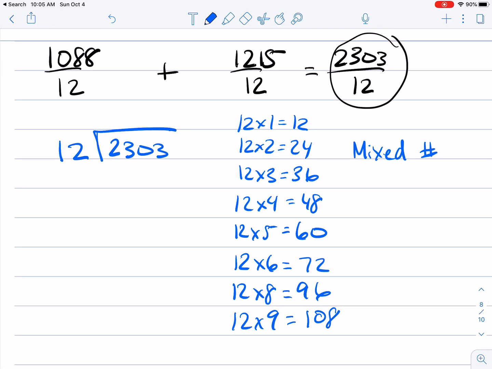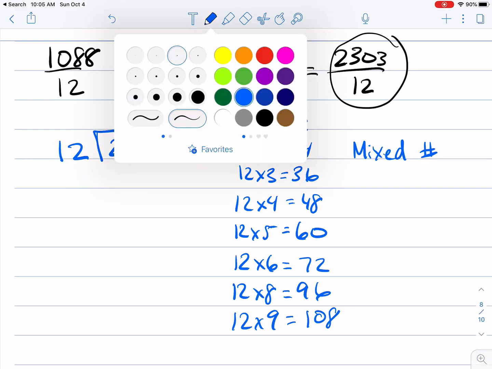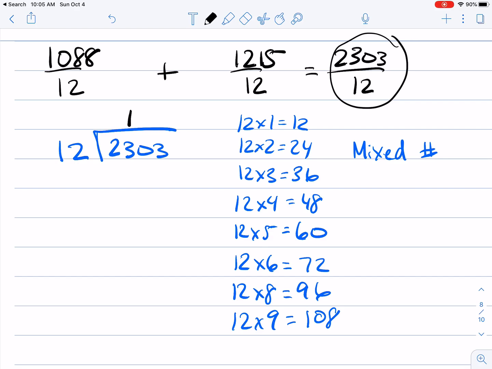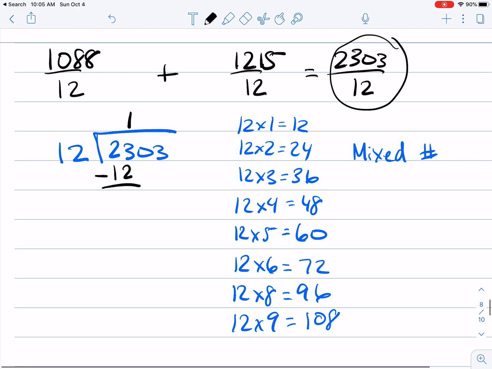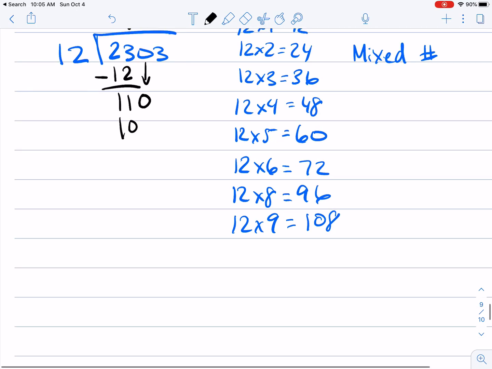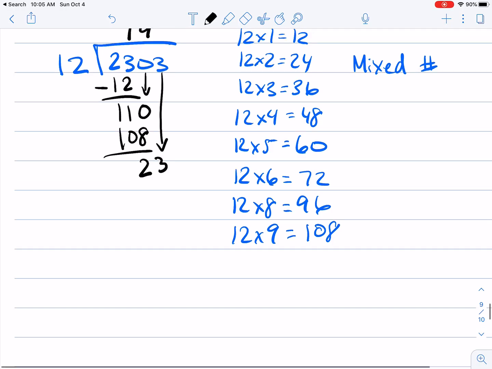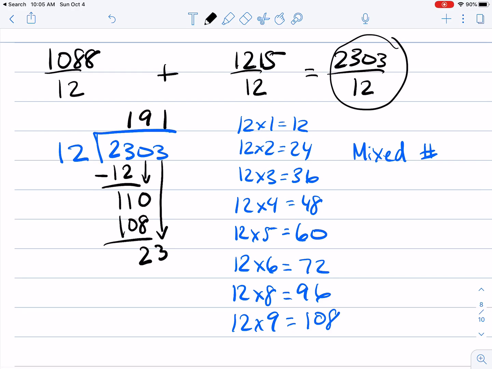So let's see. I can take 1 out of 23. That will give me 11. Bring my 0 down. And I can take 9 out of that. 108. That gives me 2 left over. Bring down my 3. I can take 1 out of that. You know what?